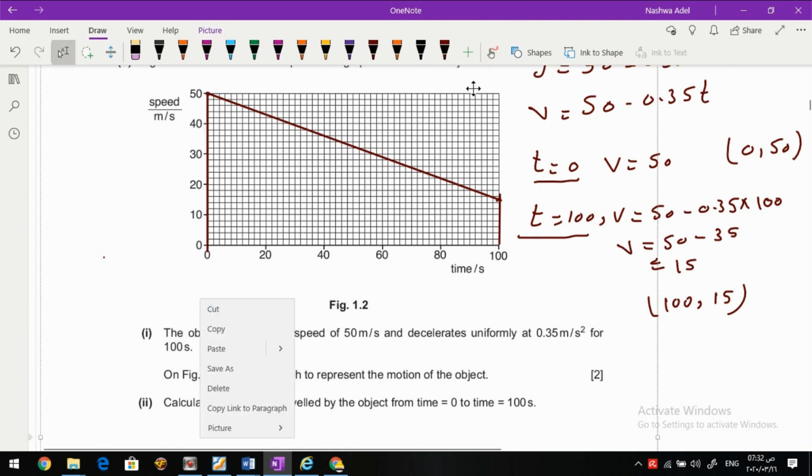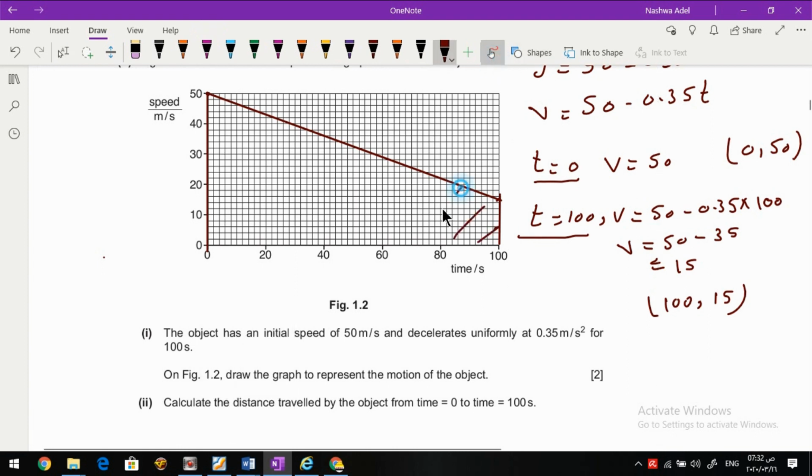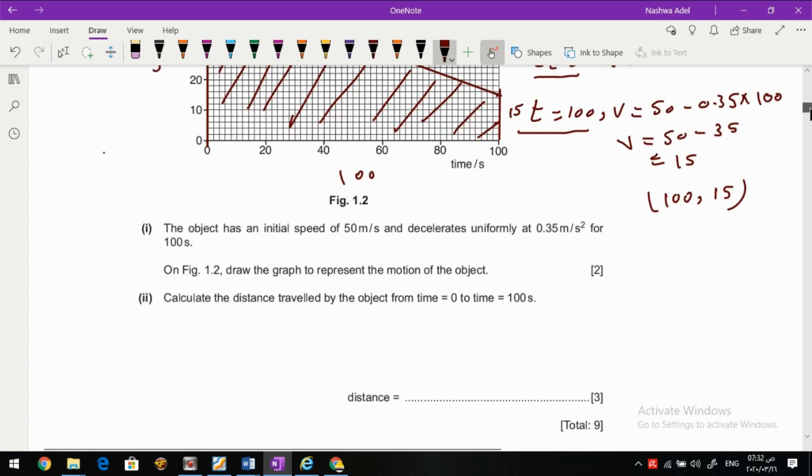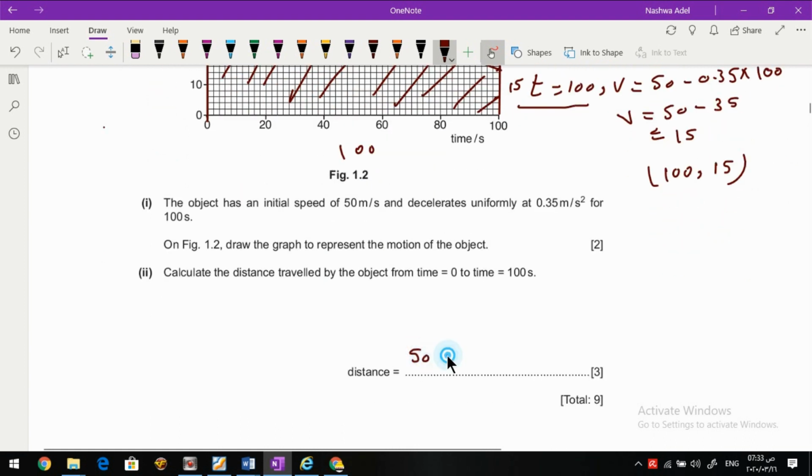So we have to find this area. This side is 15, and this side is 50, and this side from 0 to 100 is 100. So the area of the shape equals 50 plus 15 divided by 2 multiplied by 100.